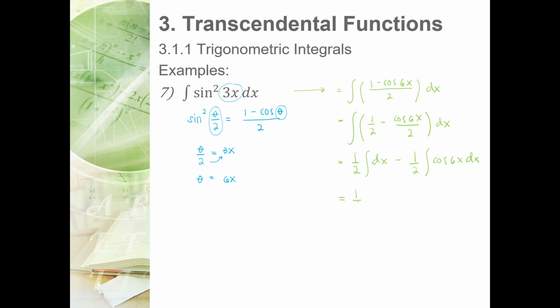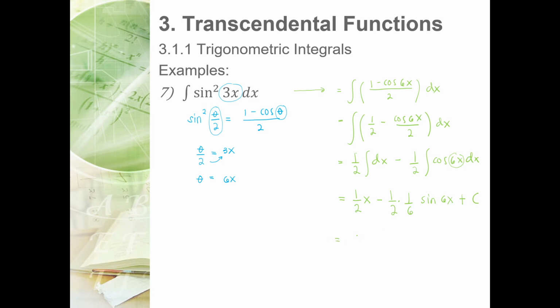So this becomes 1 half x minus 1 half. Notice that there's a 6 as the coefficient of your cosine function. So this gives us 1 over 6. The integral of cosine is sine, then the argument is 6x, plus c.